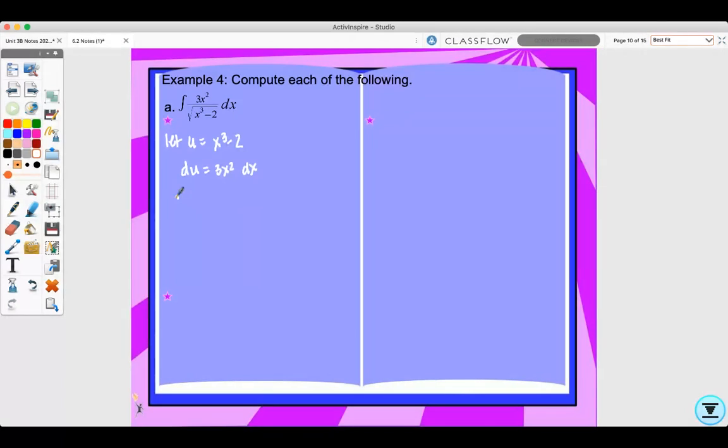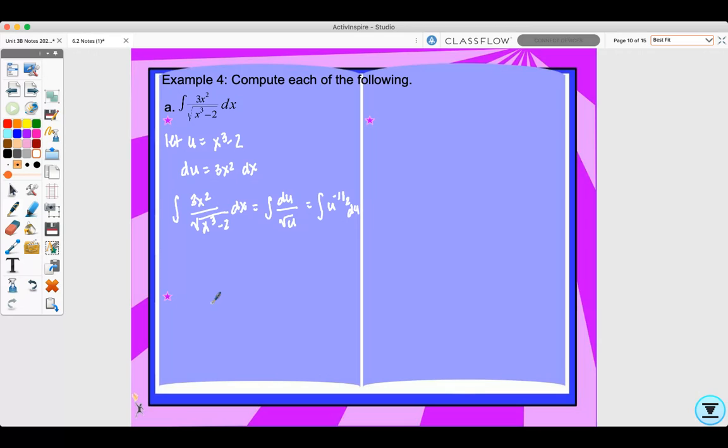So my 3x squared all over the square root of x cubed minus 2 dx would then be du over the square root of u. This I could write as u to the negative 1/2 du, and then take the antiderivative.